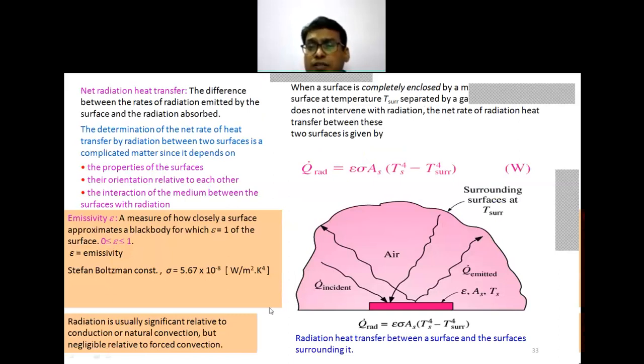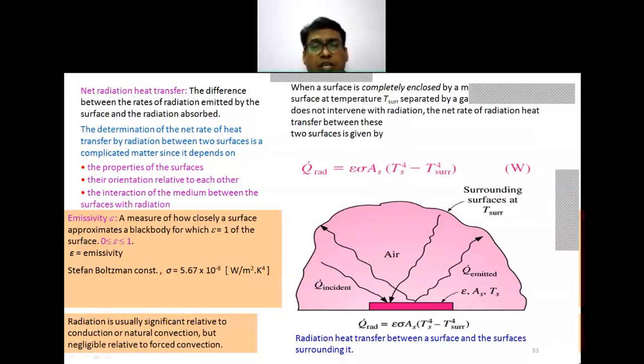So when the surface is completely enclosed by a surrounding surface at a temperature T surrounding, this plate is radiating the energy. So the net rate of radiation heat transfer between these two surfaces is given as Q radiation equal to emissivity times the Stefan Boltzmann constant times the surface area A and the difference of temperatures raised to the power 4.